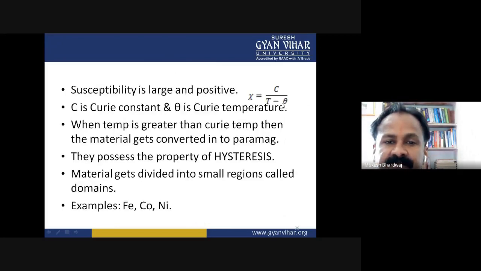Susceptibility is large and positive, given by the Curie-Weiss law or Curie temperature law, where C is the Curie constant and theta is the Curie temperature. When the temperature is greater than the Curie temperature, the material gets converted into paramagnetic. They possess the property of hysteresis. Materials get divided into small regions called domains.